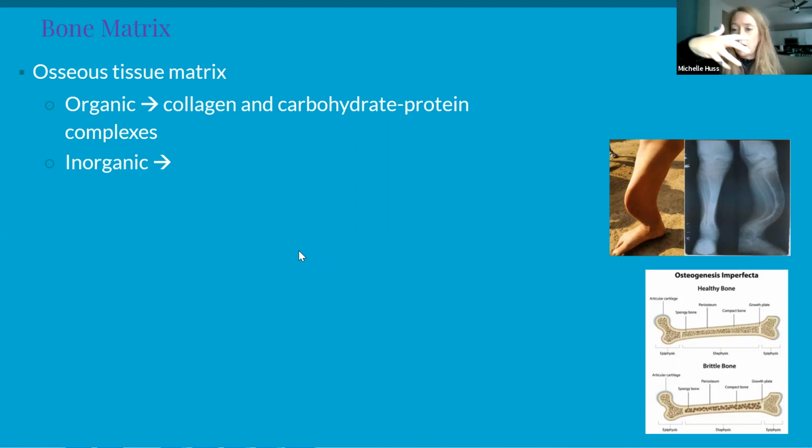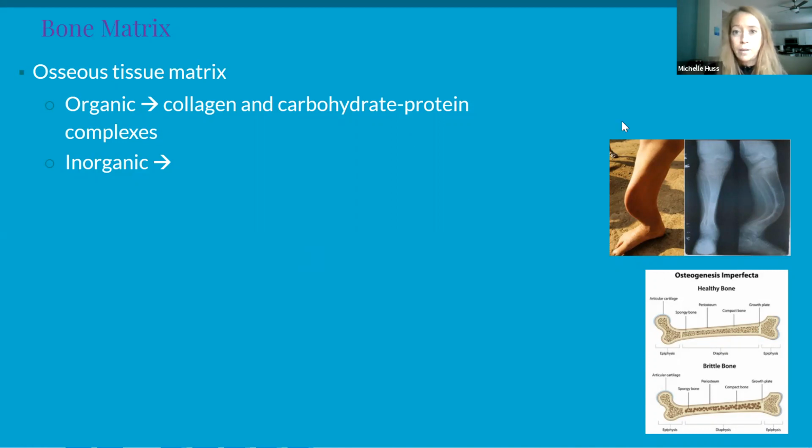And then on top of that, we're going to see these calcium salts. It has calcium phosphate, calcium carbonate, magnesium hydroxide. So a lot of calcium salt. That's what gives the bone hardness. So there's collagen for flexibility and calcium for hardness.